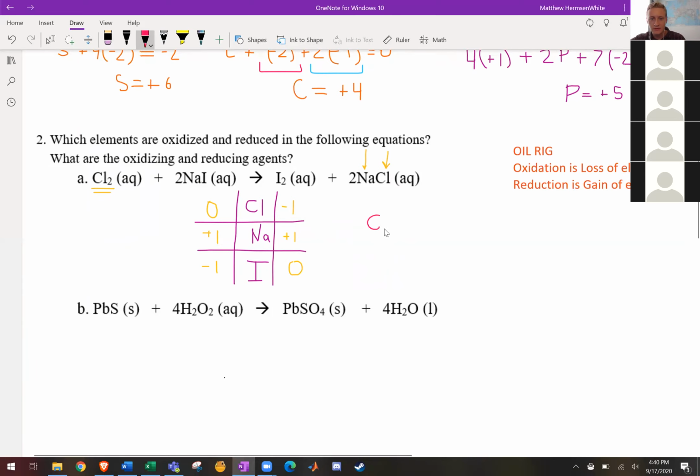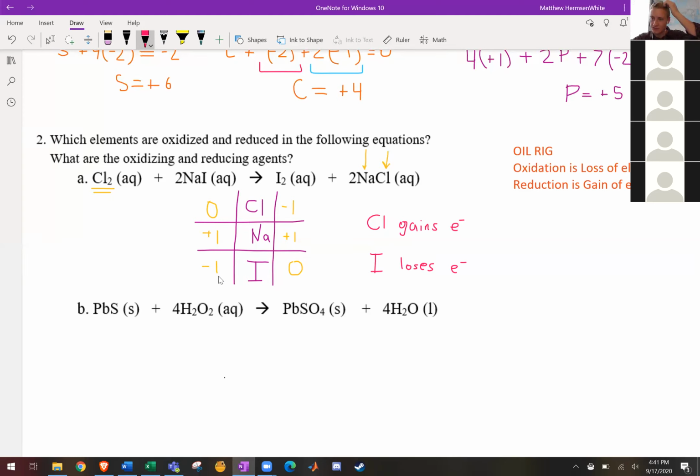So chlorine gains electrons. The e- just means electrons. And iodine loses electrons. So just be careful. This is backwards because chlorine is going more negative. But because an electron has a minus charge, getting more negative actually means you're gaining electrons. And iodine, on the other hand, is getting more positive. Therefore, it's losing electrons.